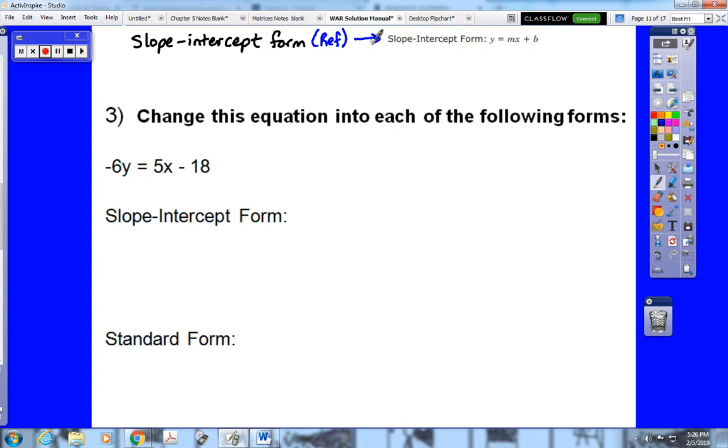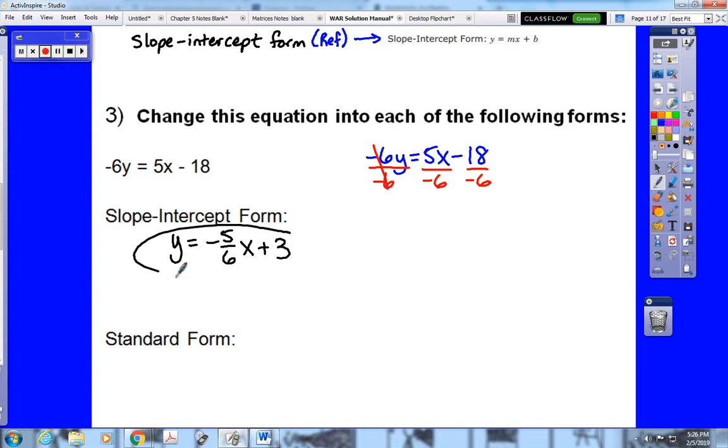It's in the right format. Negative 6y equals 5x minus 18. The problem is the negative 6. It can't be there. So we need to divide every term by negative 6, which would give us y equals negative 5/6 x plus 3. That is in slope-intercept form.